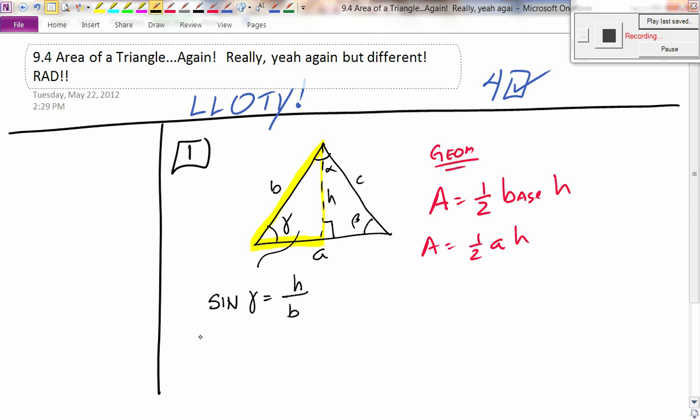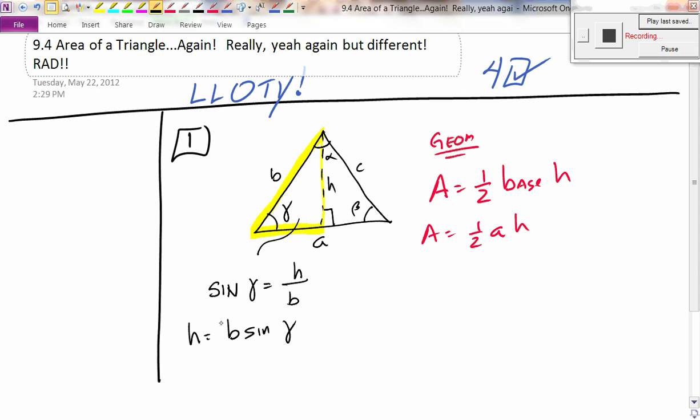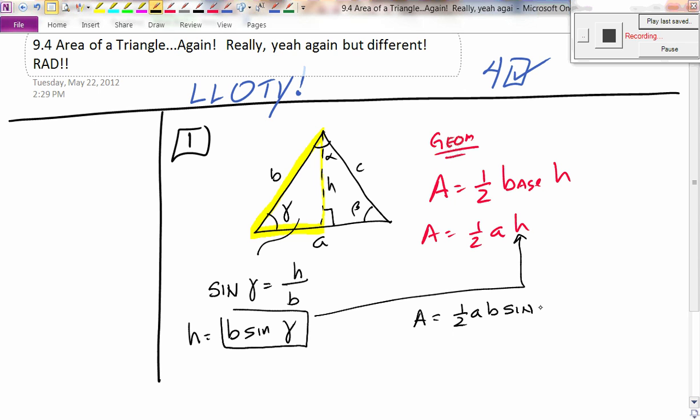So that means that H is equal to B sine gamma. So I could substitute this information for H, couldn't I? So I could find the area of a triangle by taking 1/2 side A, side B, and the sine of gamma. How cool is that?